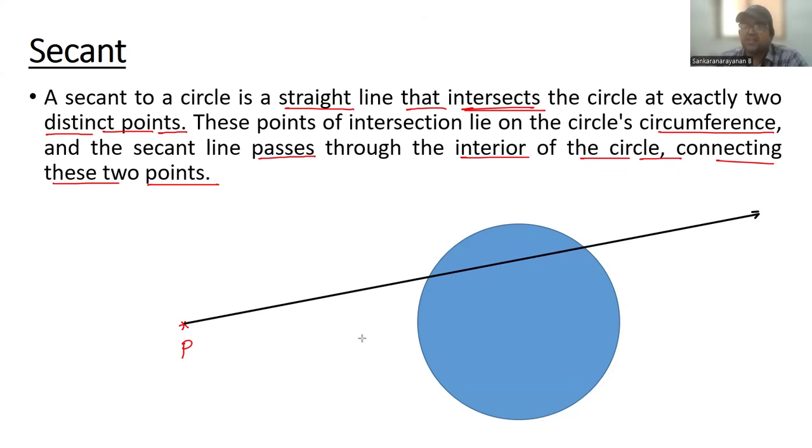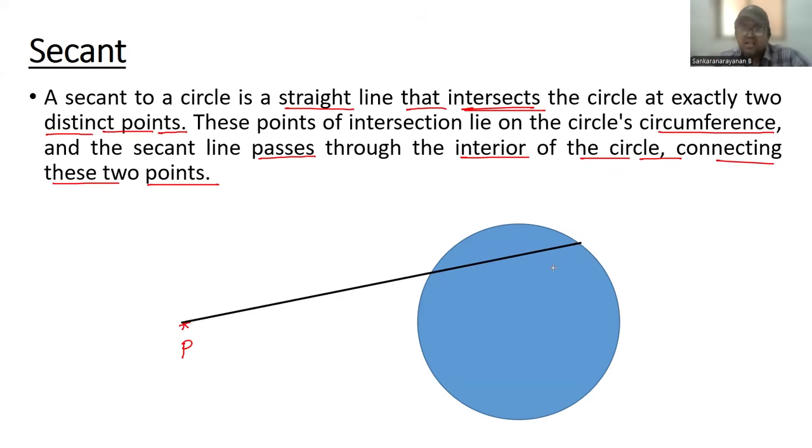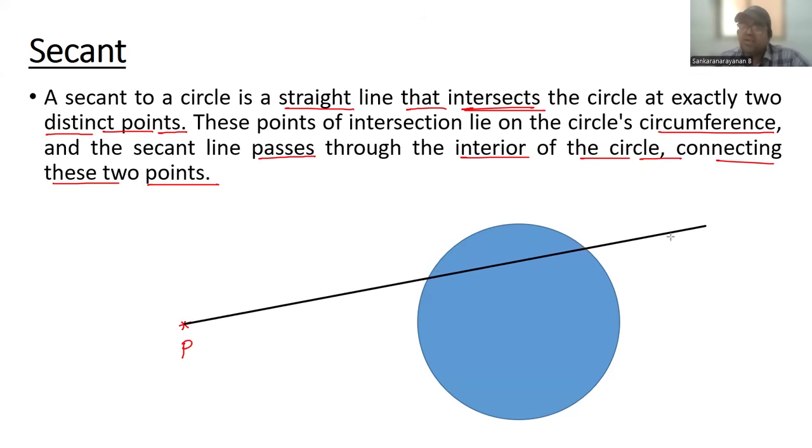It's not necessary to restrict it from P to A to B and stop there. I can extend it further. This is a line. But you can say this point and this point lie along the circumference of the circle. Let me say these 2 points are A and B. What you see in front of you is the secant.